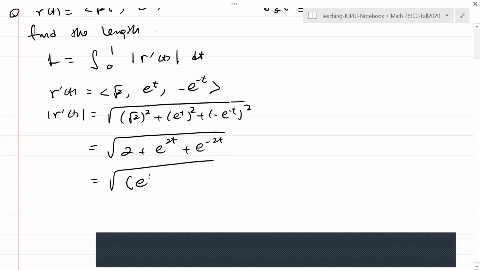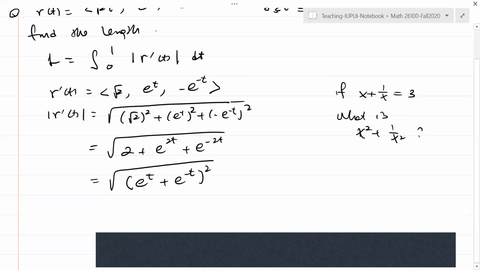And that will be e to the t plus e to the negative t, squared. Okay? When you square it, you get this. Now, I remember that SAT problem, you took an SAT problem like that before. It says that if x plus 1 over x equals 3, what is the value of x squared plus 1 over x squared? Something like that.